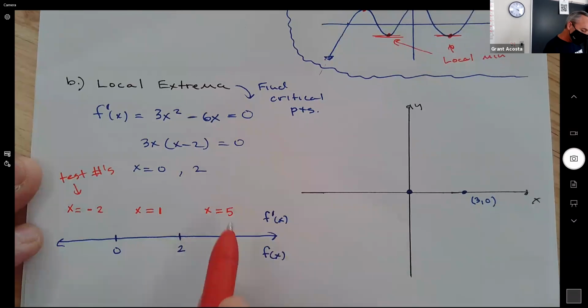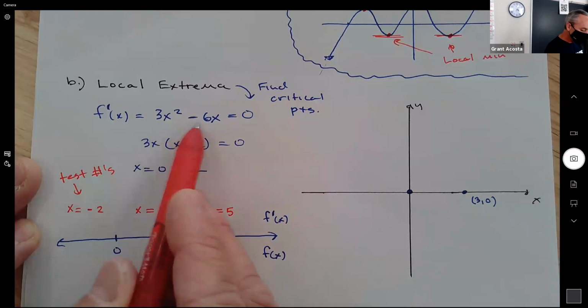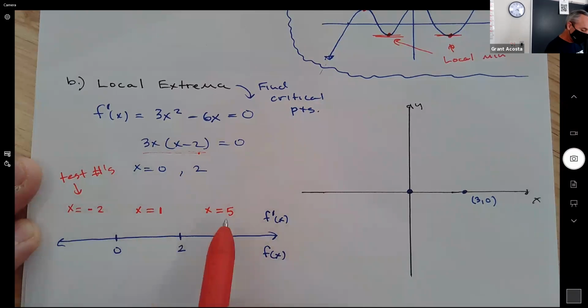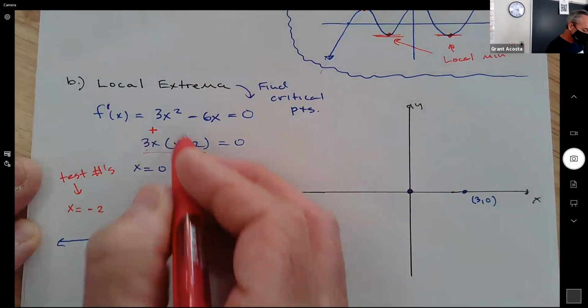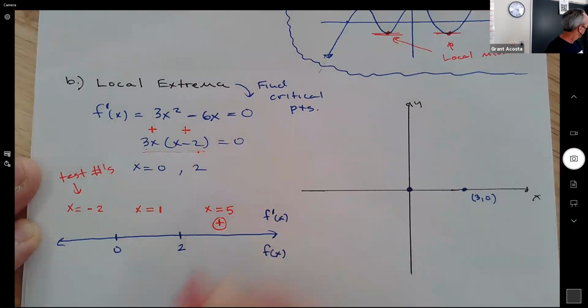And what I'm going to use these for is to plug them into the derivative, okay? And I'm interested in whether the derivative is positive or negative. So let's just work from right to left here. If x is 5, you can plug it in here if you want to, but I think it's easier to plug in here. 3 times 5 is positive, 5 minus 2 is positive, a positive times a positive gives me a positive.